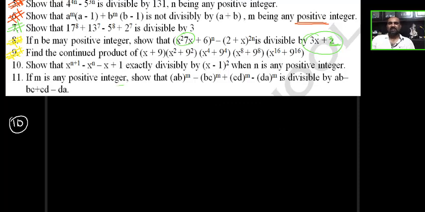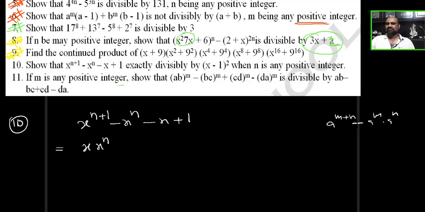Listen. x^(n+1) - x^n - x + 1 can be rewritten as x into x^n, using a^(m+n) = a^m into a^n for the first term, then minus x^n minus x plus 1.